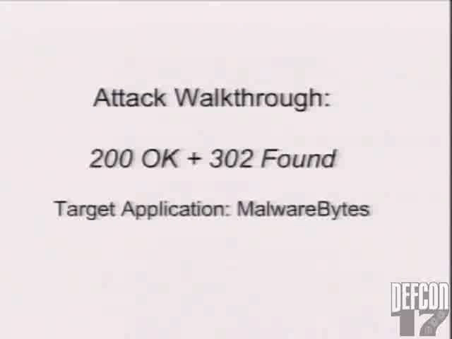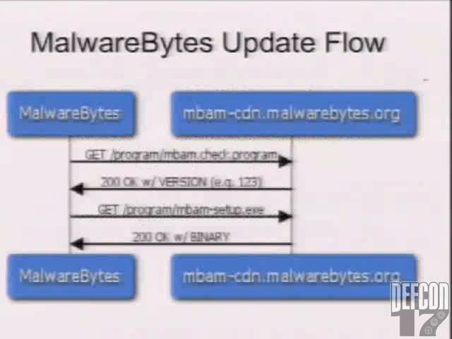Okay. The last example that we're going to review is a much more complex one. The Malwarebytes application is an anti-malware application. Its update procedure is a little bit complex, but not that much. First, it begins by querying the server whether there's a higher version available.